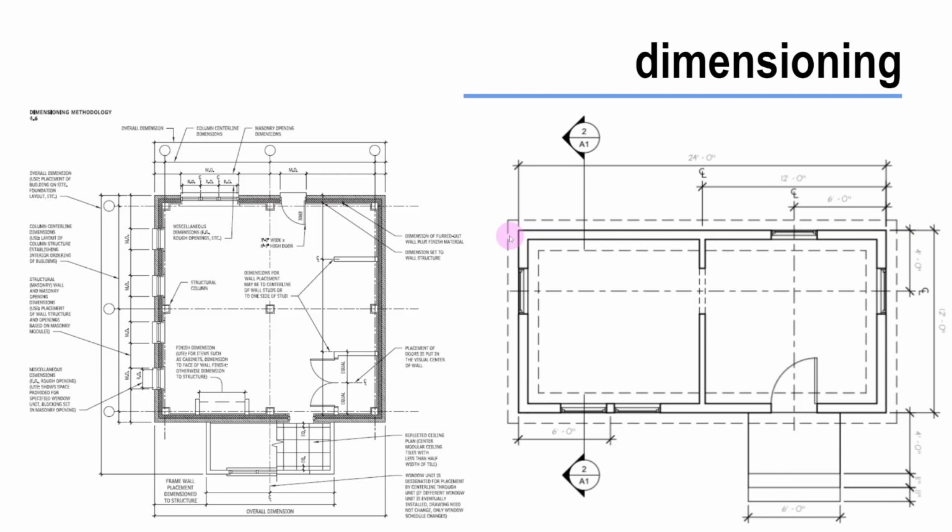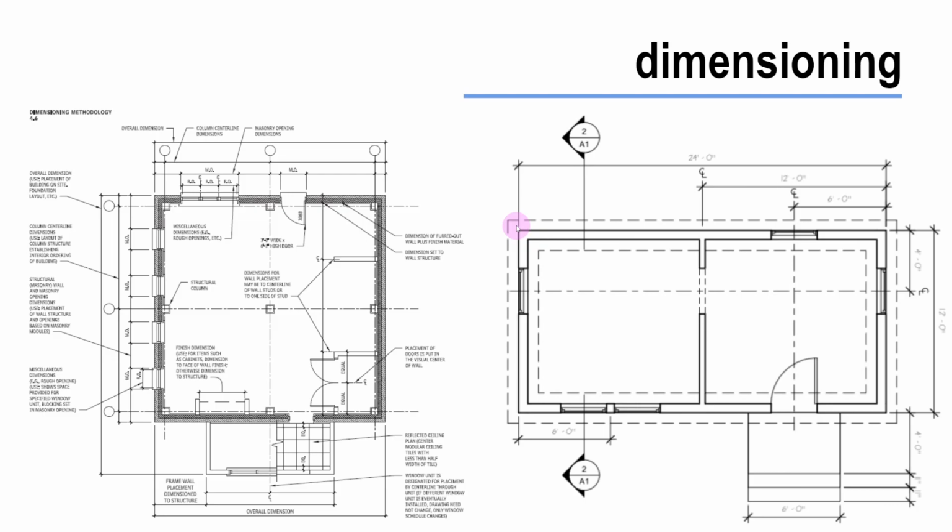And we'll go over this a little bit more next lecture, but your wall is made up of several different materials, and you're usually going to have your outside siding, then your sheathing, and then your frame. So when I'm taking, in this case, this 24-foot measurement, it's not that if I took a tape measure to my finished building and measured from very outside to very outside, it's 24.